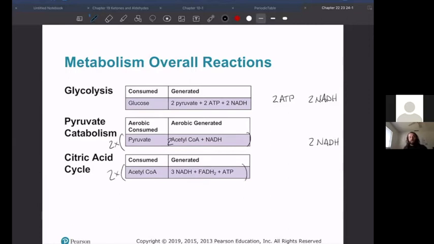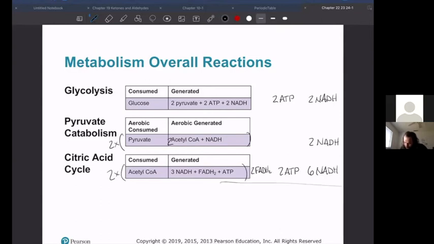Per turn of the citric acid cycle, we get 3 NADH, 1 FADH, and 1 ATP. But of course, it's going through twice because we have 2 acetyl-CoAs per glucose. So now that's 2 ATPs, 6 NADH, and 2 FADH.